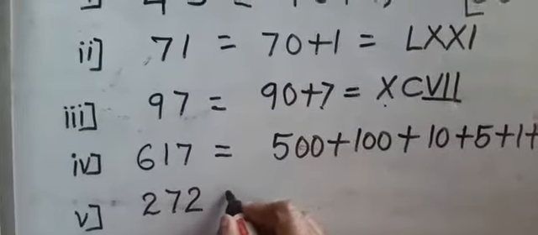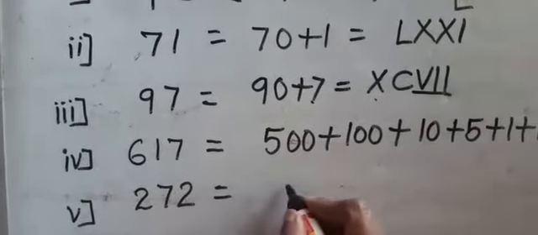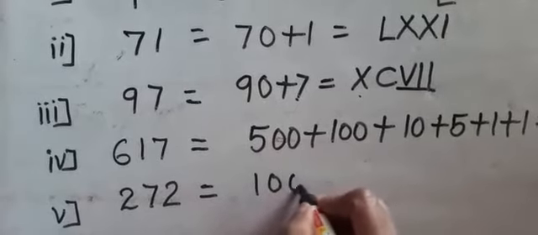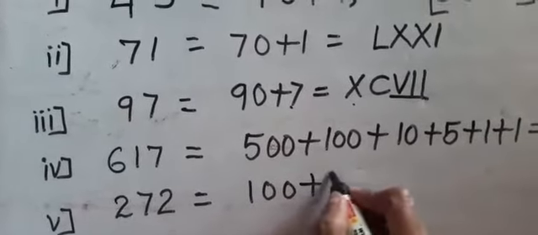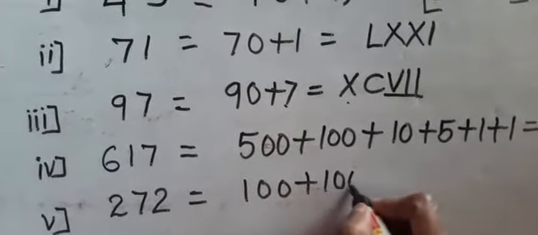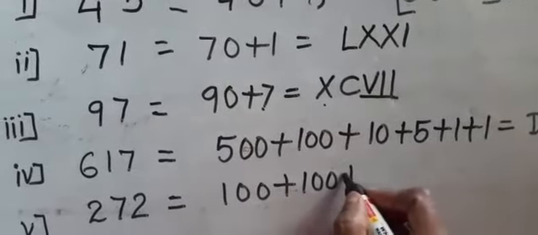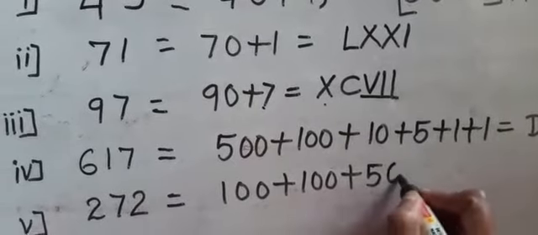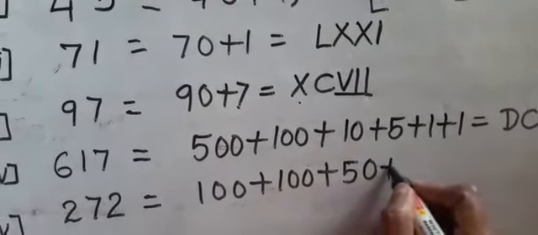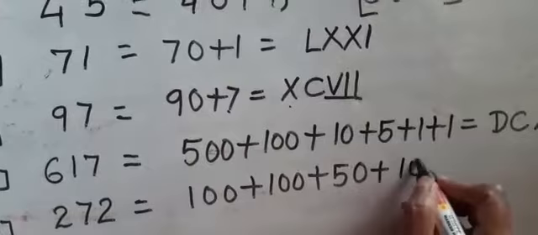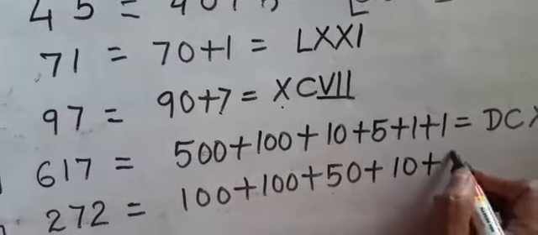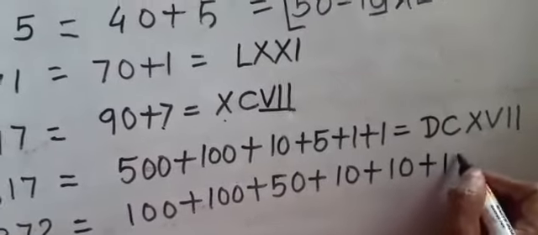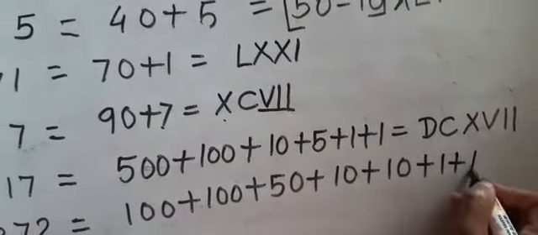Now for 272, again I will write it in expanded form. There is no sign for 200, so I can write 100 plus 100, which gives me 200. Now for 70 I don't have a sign, but I have a sign for 50, so I will write 50. I don't have a sign for 20, but 10 plus 10 can be written. And again for 2 I can write 1 plus 1 because I don't have a sign for 2 also.